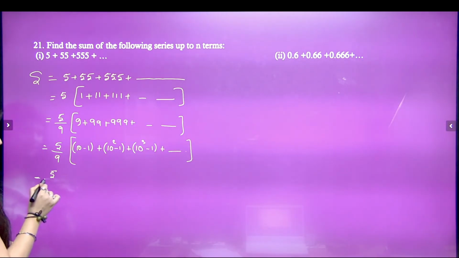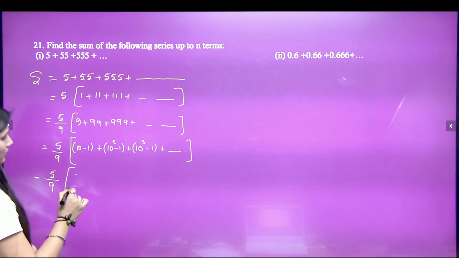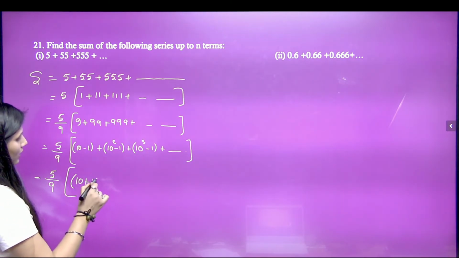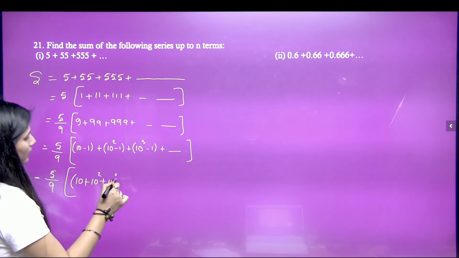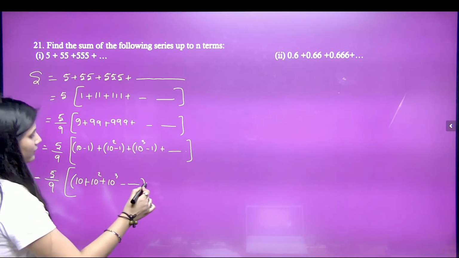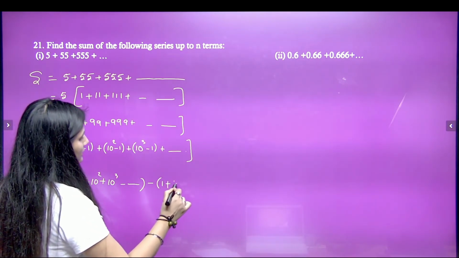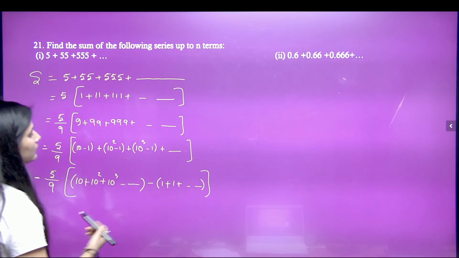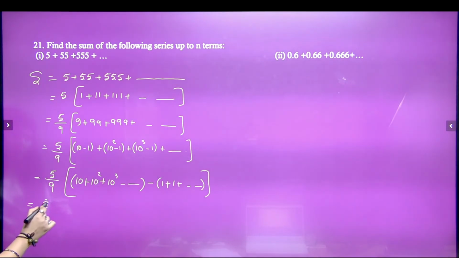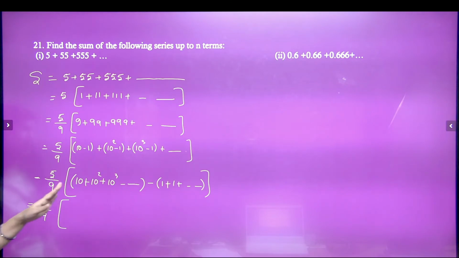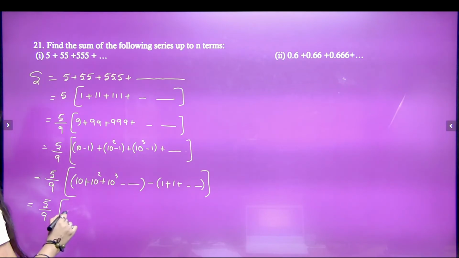Now if I separate 10, 10 square, 10 cube, and all the 1s with a negative sign in another bracket, this is nothing but the sum of n terms of GP. So it is a, what is r here? 10.